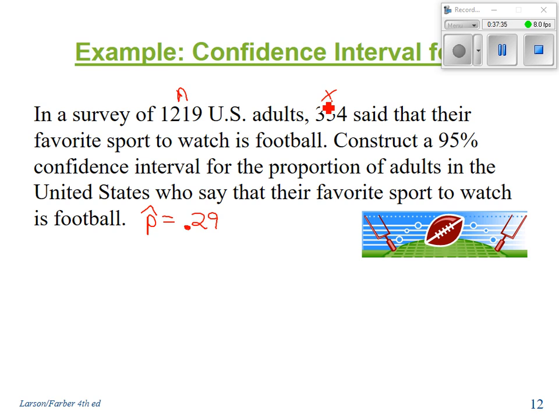What's it tell you P hat is? 0.29. Got 401. Yep, calculate, go down to calculate. Oh, hold on, go back. Oh, I see. I don't know what you punched in.